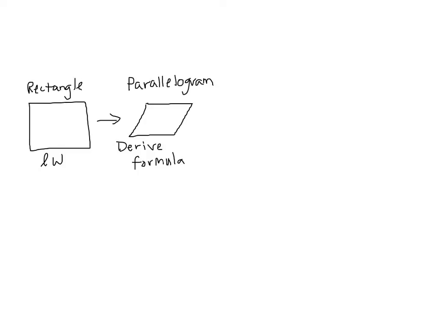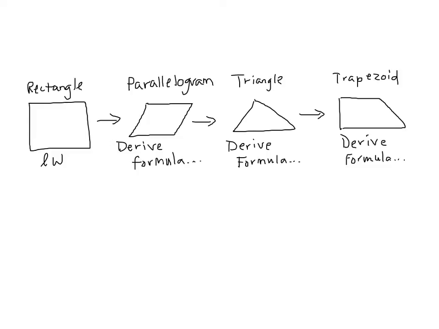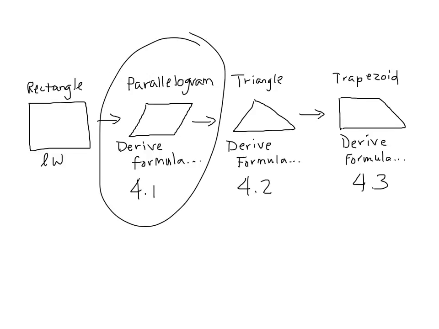If we already know that our rectangle is length times width, what can that say about a shape that looks sort of like that, which is a parallelogram? And then onto a triangle, where we're going to derive a formula, and then onto a trapezoid, which will do the same thing. Now here's the nice part, this is 4.1, this is 4.2, and this is not until 4.3. So we're going to start with a parallelogram.